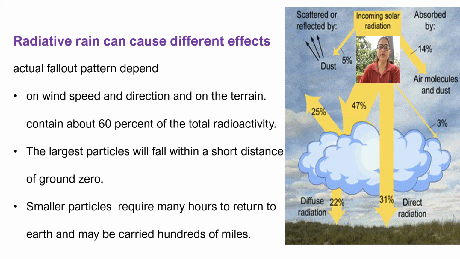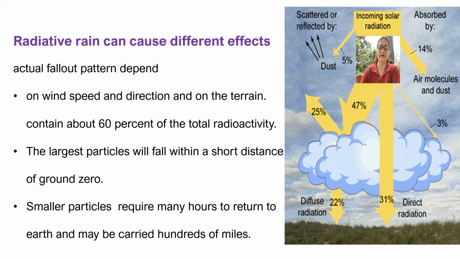From the figure shown here you can understand the fallout of the radioactive material. Of the incoming solar radiation, 47% comes to the earth, fewer reaches directly to the earth's surface, 25% is scattered, and 5% is absorbed by the dust particles, whereas 14% is absorbed by the atmosphere and remains in the form of molecules in the dust, and 3% is absorbed by the clouds, and out of them 22% of radiation diffuses out to our Earth's surface.